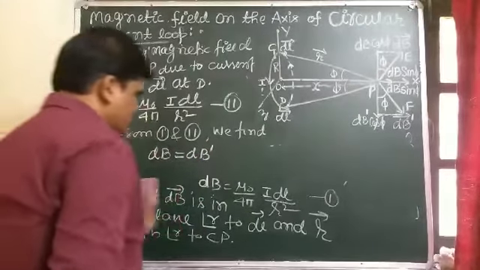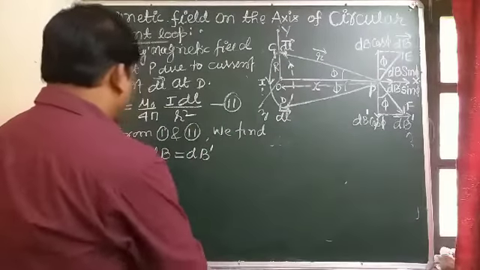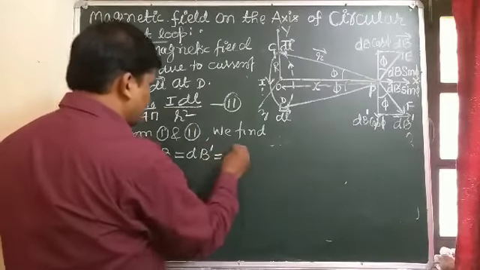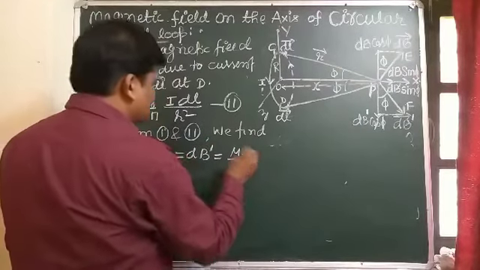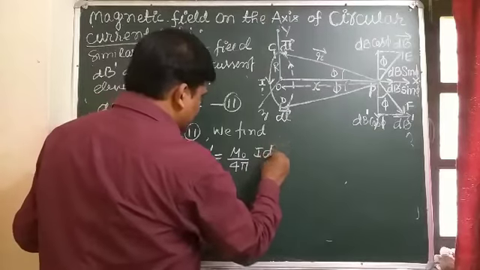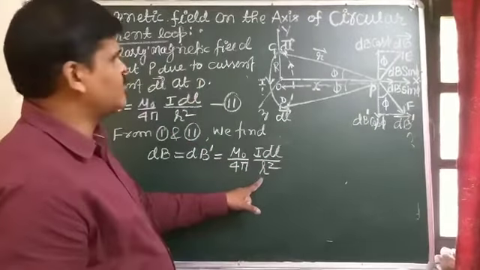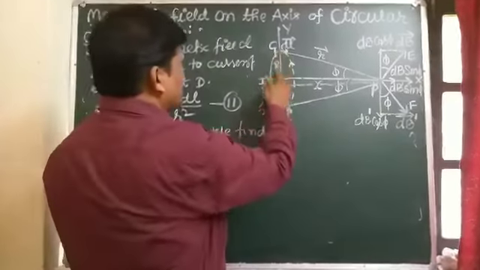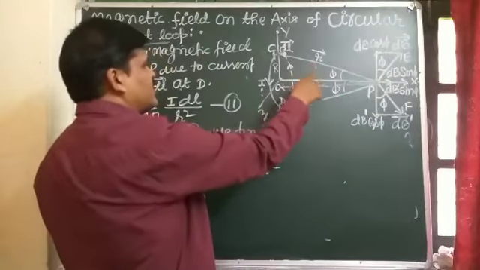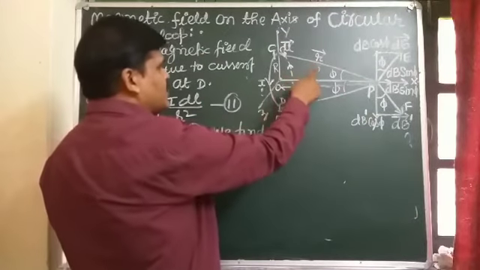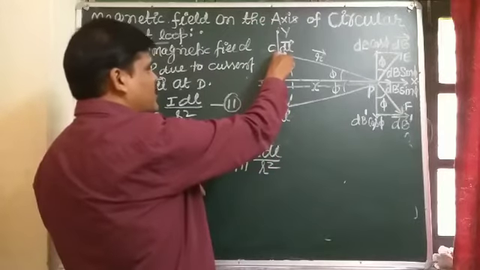And student, its formula is dB equal to dB dash equal to mu naught by 4 pi, I dl by r square, and r square can be calculated from this right angle triangle COP: hypotenuse square equals square of base plus square of perpendicular.